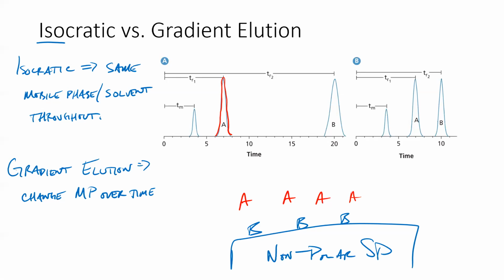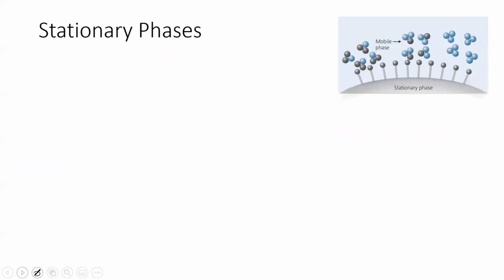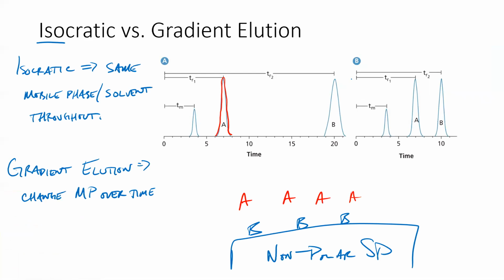Otherwise, he's never going to get onto the column to begin with. So he's got to be at least a little polar, right? And so, he's going to interact with the stationary phase more than he interacts with the mobile phase. And so it's going to take him forever and a day to end up getting off this column. And that's why his peak is way out here.